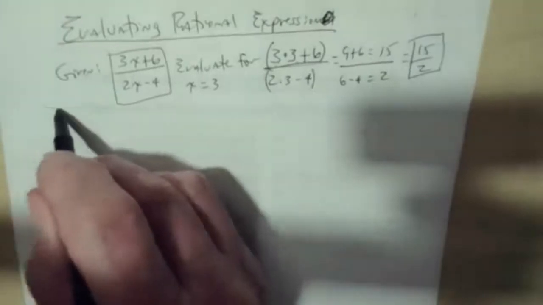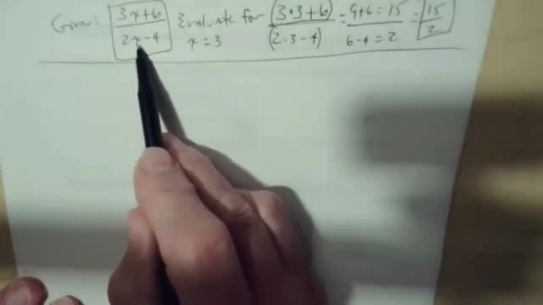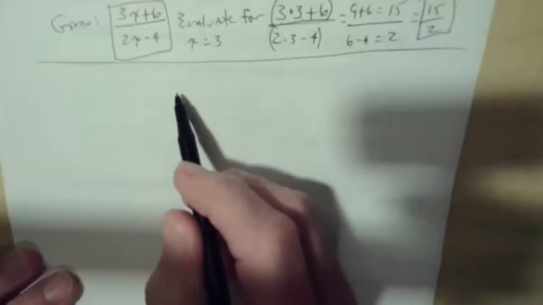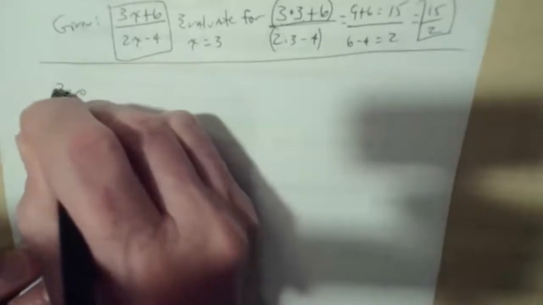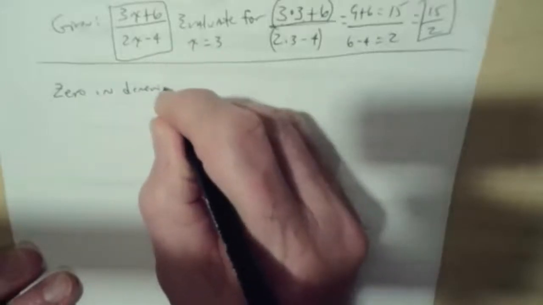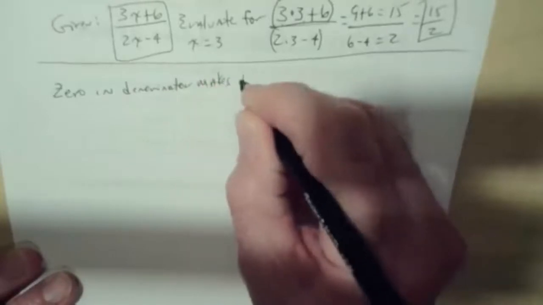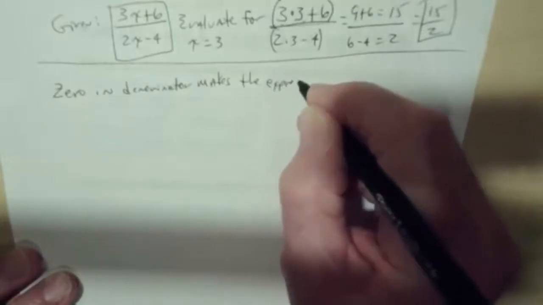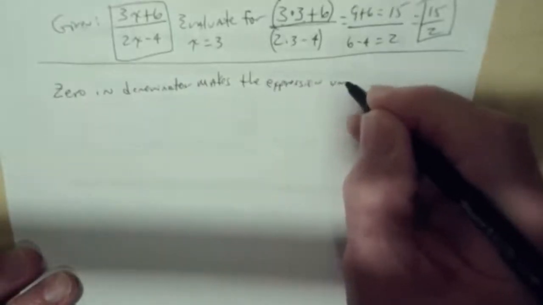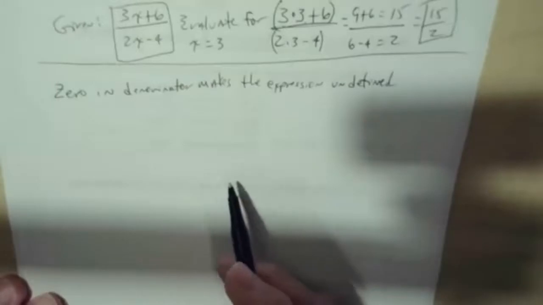Okay. Now, what we do have to do is we cannot have 0 in the denominator, because that would make it undefined. 0 in the denominator makes the expression undefined.